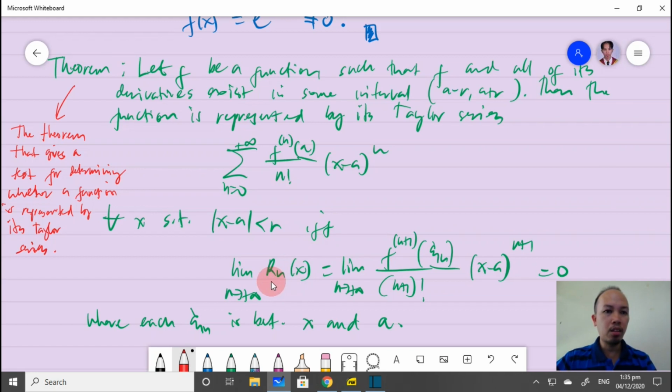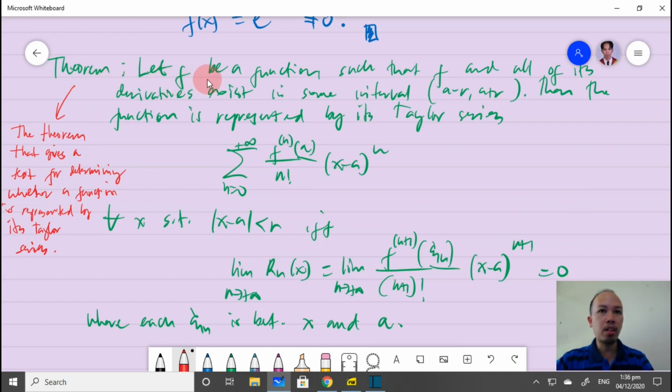Okay, so all you have to do is get the remainder of the function, and then if the limit of that remainder is 0 as n approaches infinity, then we can say that the function is represented by its Taylor series. So let's read the theorem.